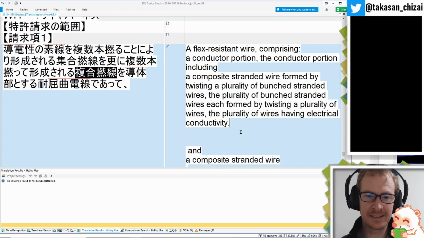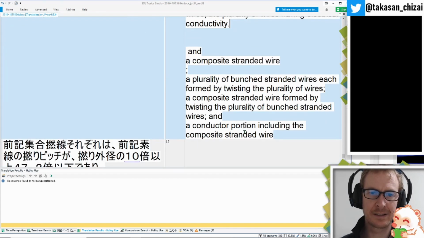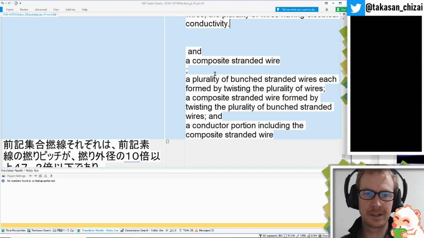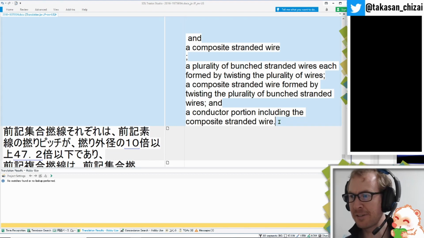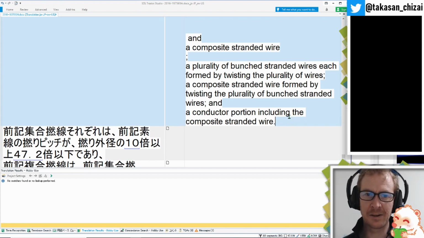So we'll leave that there. The other option was to add at the end a conductor portion including the composite stranded wire. This might not be wrong, but adding this as an element separate from all these others, I think that is wrong.